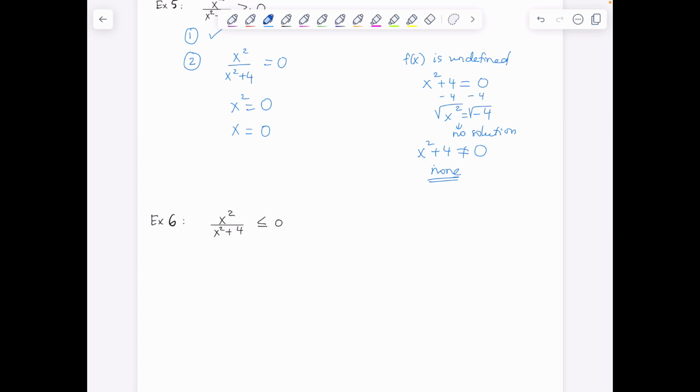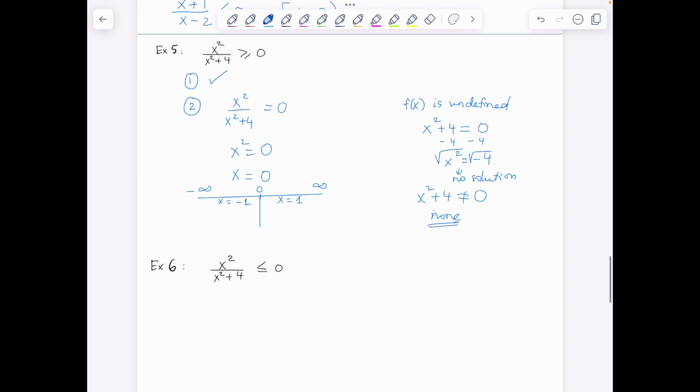So we're going to test the values here. Create a table. We put 0, and then negative infinity, positive infinity. Pick a value that's less than 0. Let's say we have negative 1. And pick a value that's greater than 0. Let's say 1. And we're going to plug it in. So we have negative 1 squared, in parentheses, over negative 1 squared plus 4.